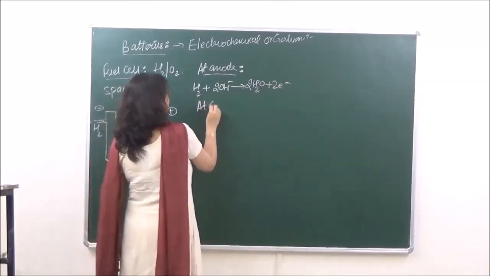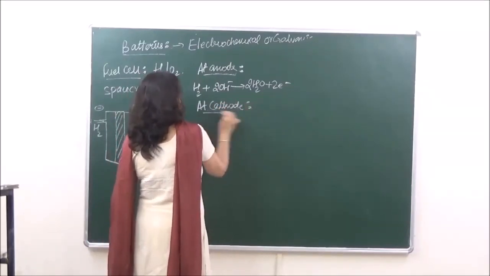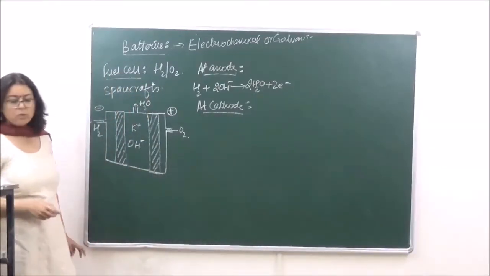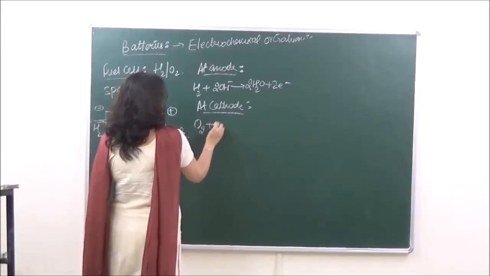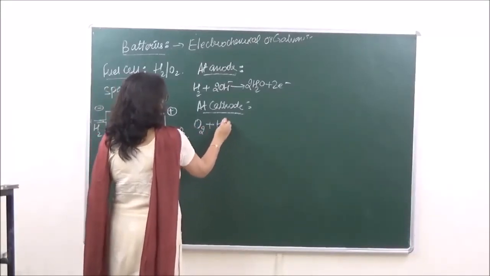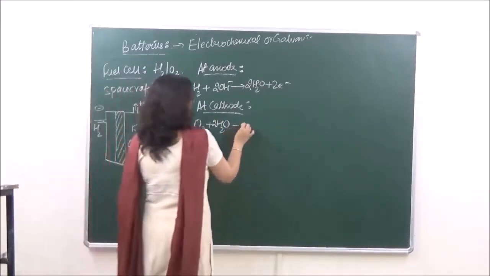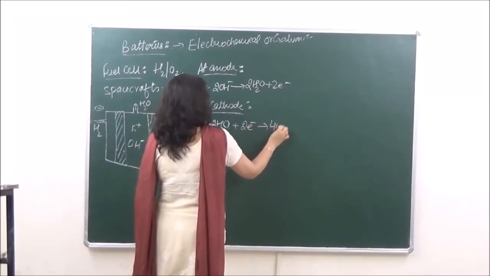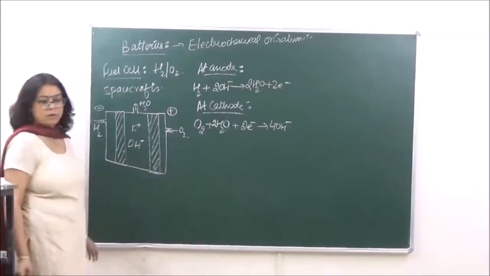And the reaction at the cathode: the oxygen over here reacts with water and electrons to give us 4OH negative.